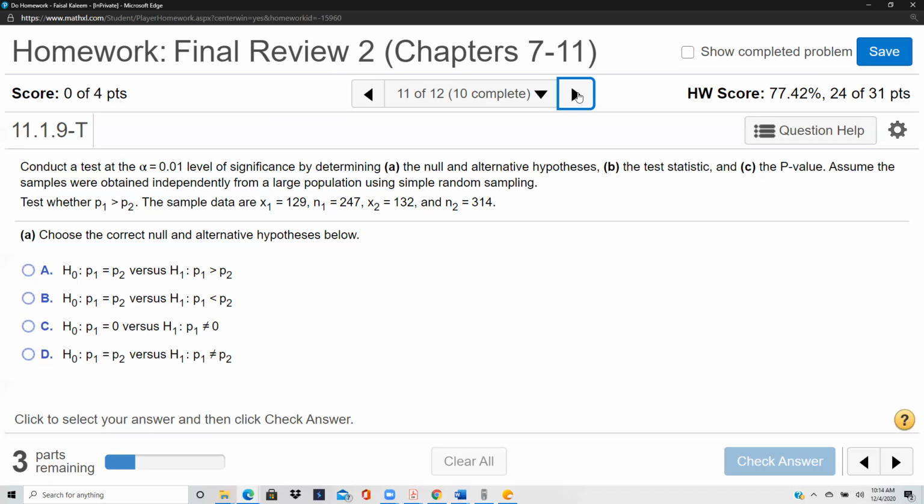So, how do you tell if it's like the second sign in this problem? What do you mean, second sign? I didn't understand what you're asking. Well, would it be the one it gives you where it says test whether and then it's the greater than?